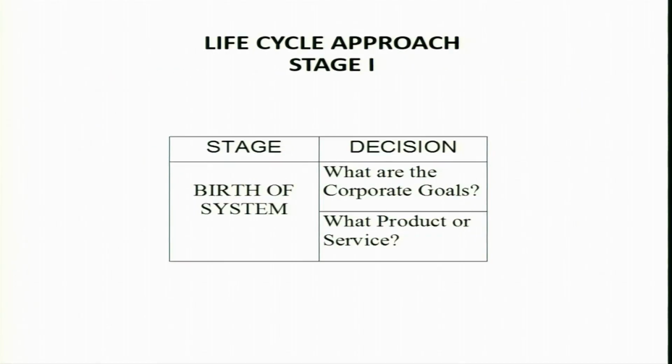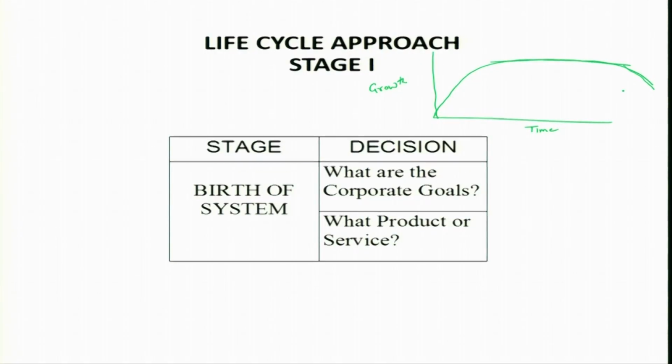Now, friends, let us look at operations management, production management, various decisions and various concerns with the help of a life cycle approach. We will divide the total life cycle of the product into 8 stages. You all know life cycle means the product is at the initial stage; this is time versus growth of the product, increase in demand. Initially the demand is less, then it grows, then it becomes mature and stable, and after some time there is a decline, and then decay.